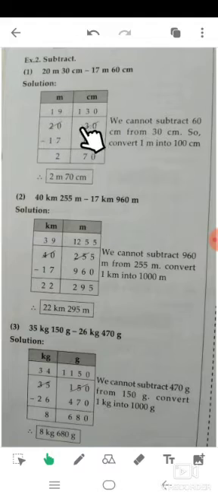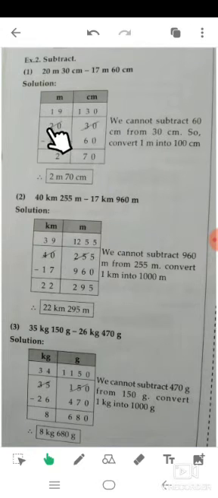So first of all, do the subtraction. Centimeter is subtracted by centimeter. We can't subtract 60 centimeter from 30 centimeter because 30 is less than 60.